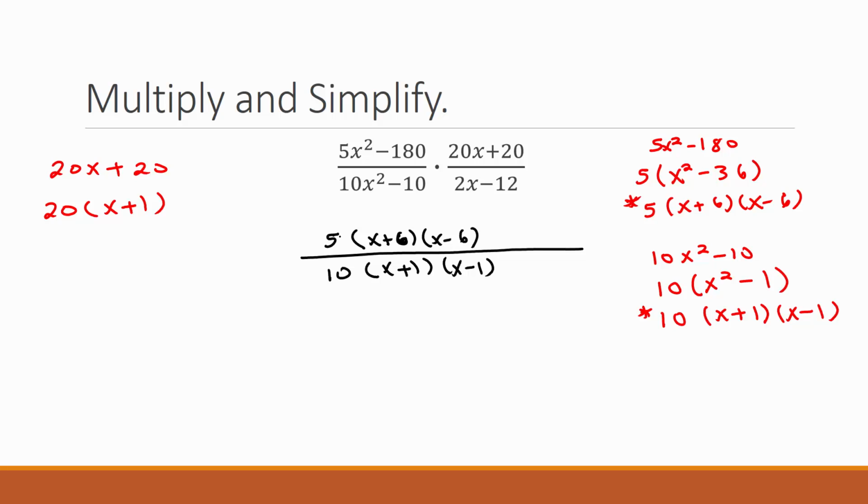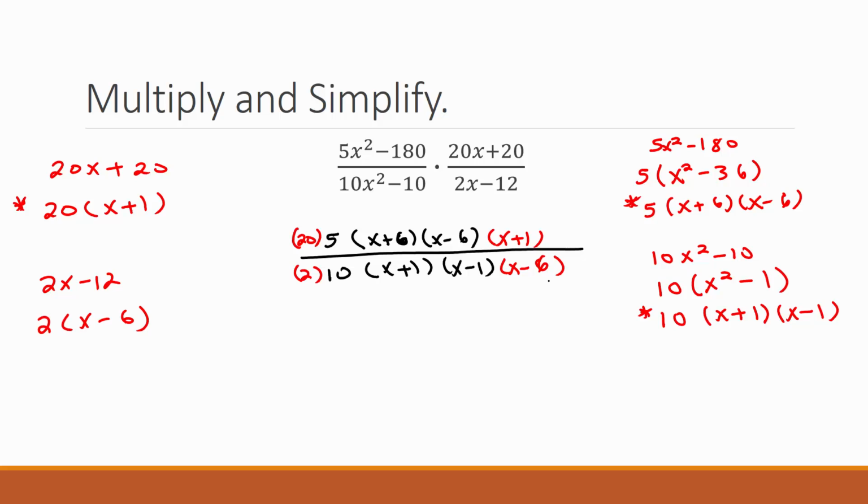Now we already had a 5 out here in the numerator, so we'll just write that 20 out beside it to multiply it, and write the x plus 1 right there. What about the 2x minus 12? Well, I have a GCF of 2, x minus 6. So I have the 2 here, and I'll write the x minus 6 right there. So I completely factored everything and just wrote it all into one fraction.